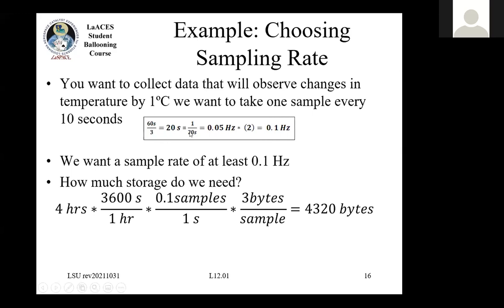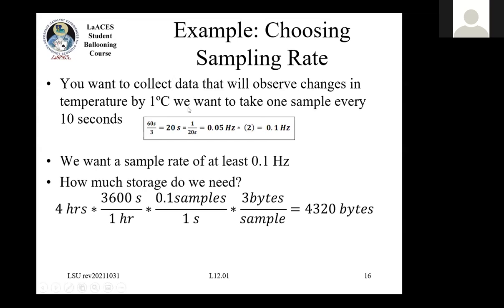So that rate would be 0.05 hertz. But as we said earlier, I want to sample at least twice as often, so I'm going to sample at 0.1 hertz. That means as long as I look at the temperature every 10 seconds, I should not miss a change of a degree because it's not changing that quickly.